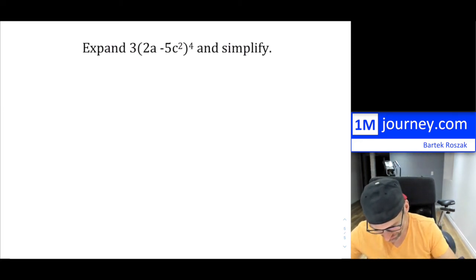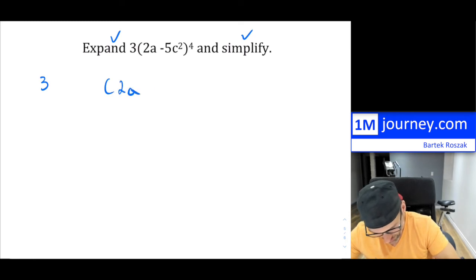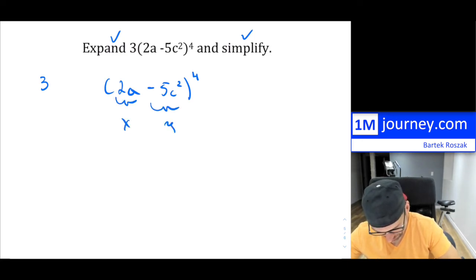And here, so the way that I would do it is, well, the 3, we can do that at the end. So just going to multiply all the terms because we want to expand and we want to simplify. And then we have 2a minus 5c squared to the 4. So let's assume this is my x, and this is going to be my y.